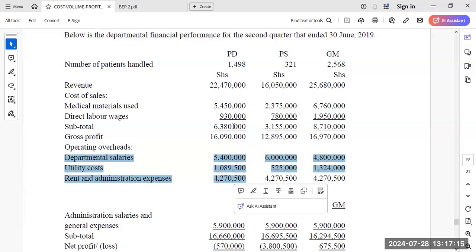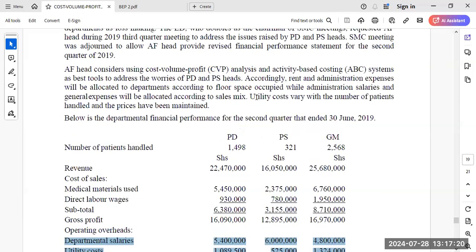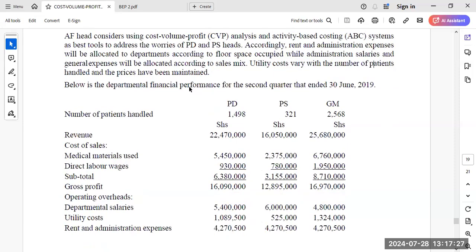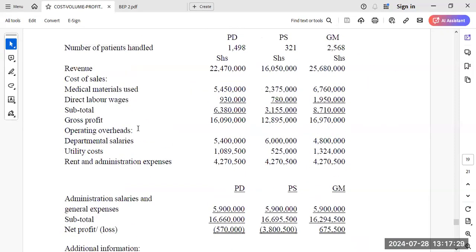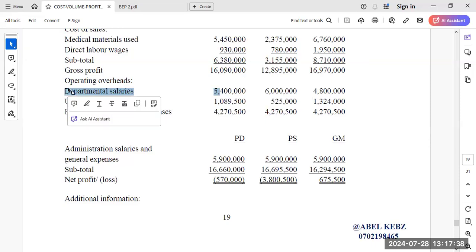They don't rely on the number of patients handled. Since they were only direct on the utility cost, that it's the only one that varies with the number of patients, the assumption is that other items are fixed costs. So you have this. The first item is this, the second item is this, then the third item is this one. Are you fine? Yeah, it's okay.